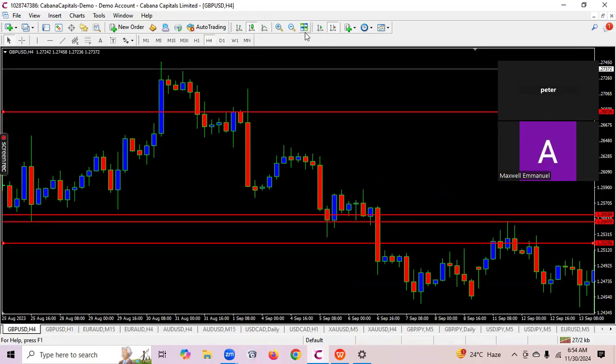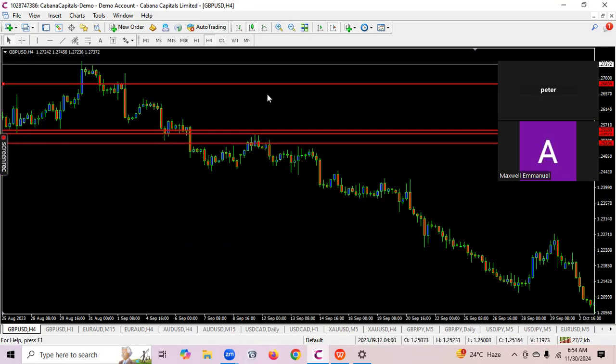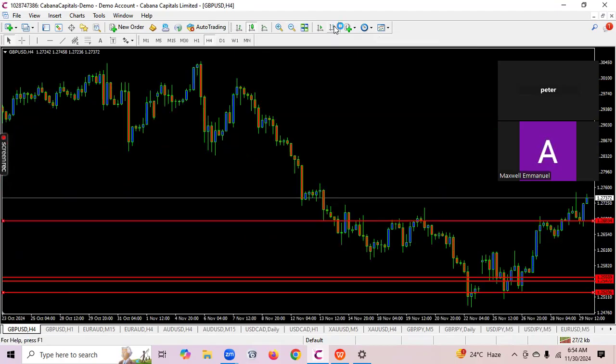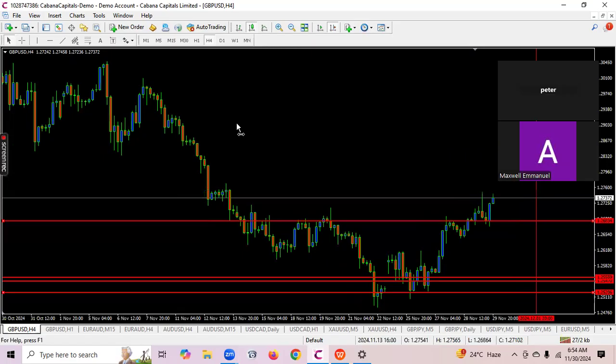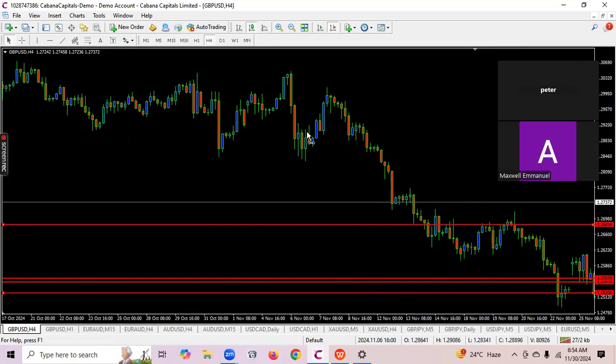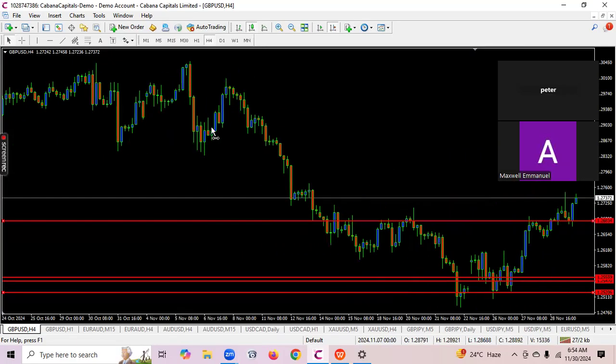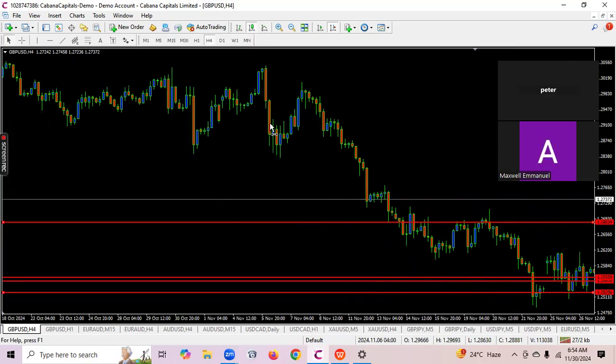On the 4-hour time frame, one candlestick shows you price action, price movement within the period of 4 hours.